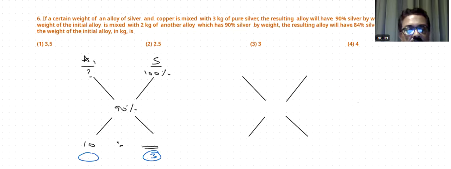In the second situation, what we are having, again alloy 1, we are not knowing the percentage here. It is mixed with another alloy 2, which is having 90% silver percentage, and final percentage is coming as 84%.